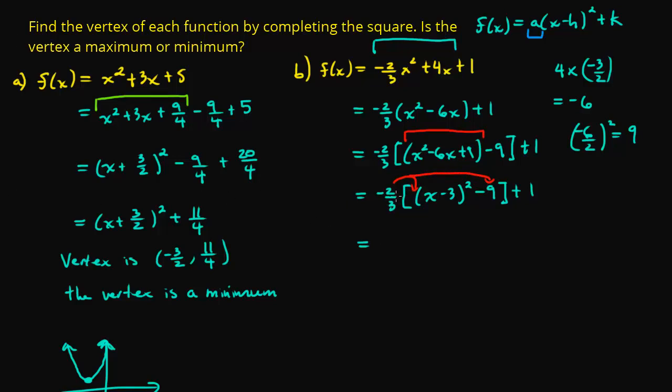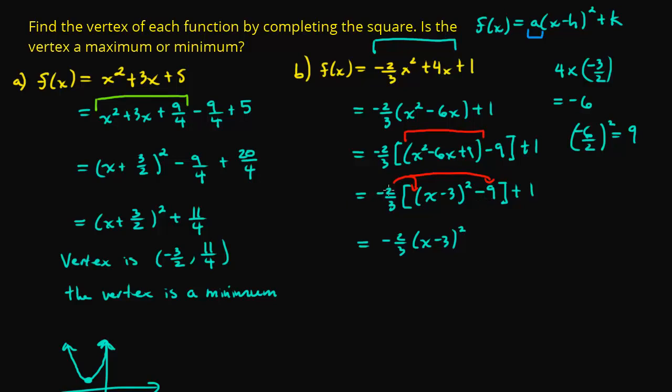So if I distribute negative 2/3 to x minus 3 squared, I get negative 2 over 3 times x minus 3 squared. If I distribute negative 2/3 to minus 9, well, let's see here, a third times 9 is just 3.